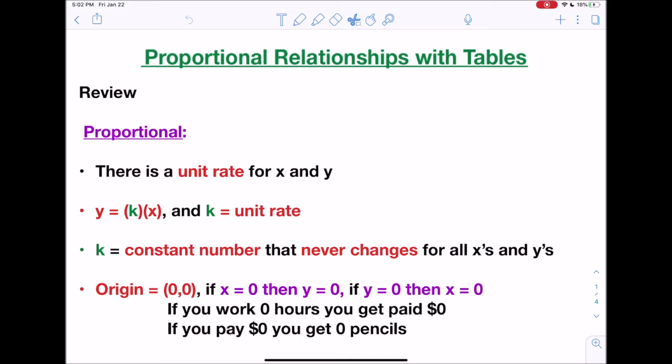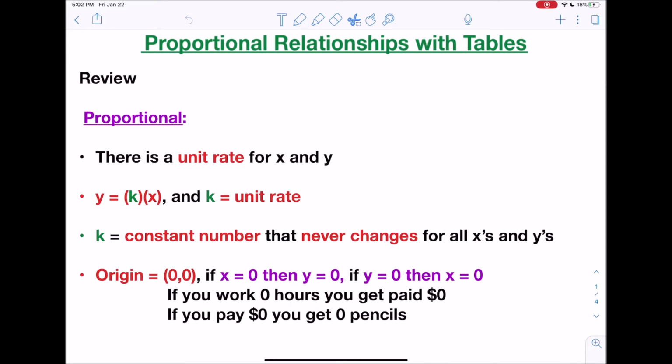be proportional. So remember, proportional means that there's a unit rate for X and Y, meaning there's a constant ratio between X and Y that does not change, okay?